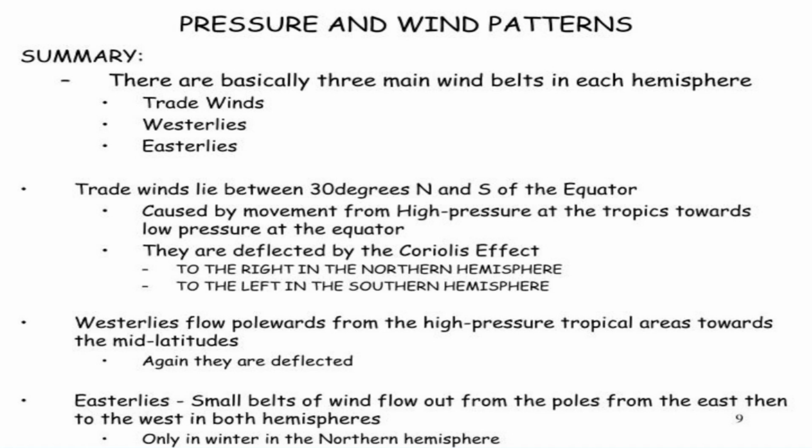Westerlies flow polewards from the high pressure tropical areas towards the mid latitudes. Again, they are deflected. In the easterlies, small belts of winds flow out from the poles from the east to the west in both hemispheres, and only in winter in the northern hemisphere.